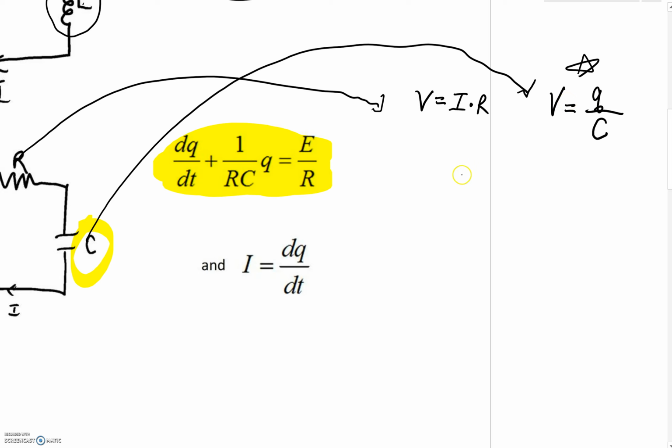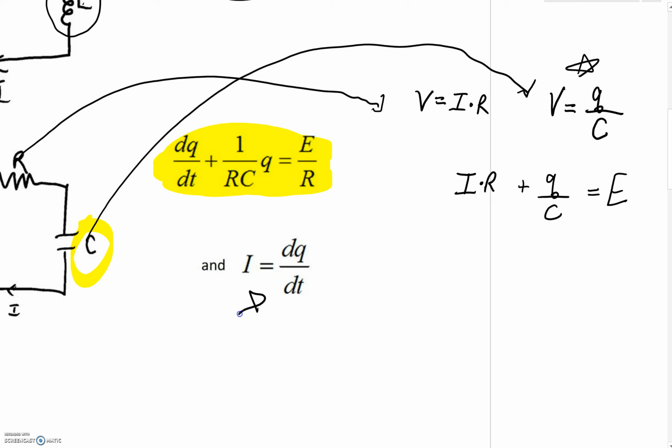Well, add these up. We'd have I times R plus Q over C equal to E. Right now, you're going to notice that you don't even have a differential equation, and you don't seem to see recurring variables.